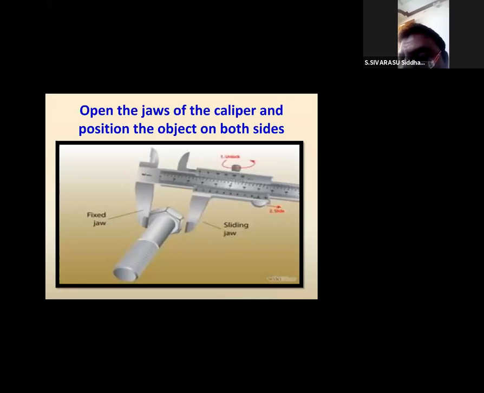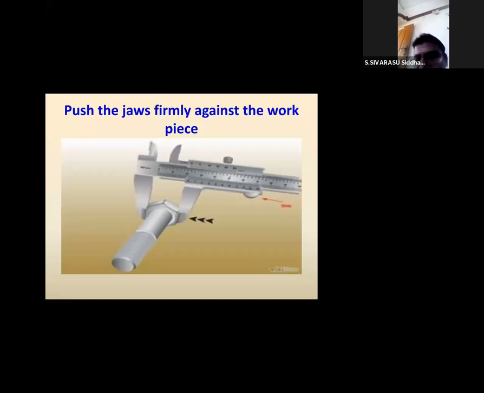When you want to measure the job, this is the immediate step you have to follow. Open the jaws of the caliper and position the object between both the sides. Next, push the jaws firmly against the workpiece.